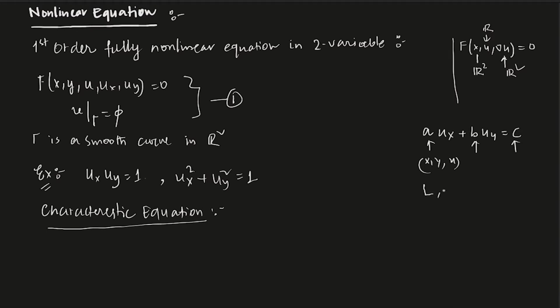Any linear, semilinear, or quasi-linear problem can be written in this form, right? So our characteristic equations should be such that these equations can also be taken care of, so exactly the same sort of equations should work.